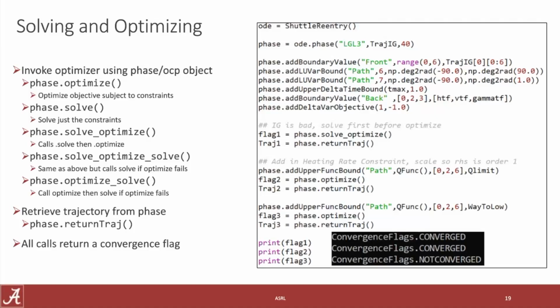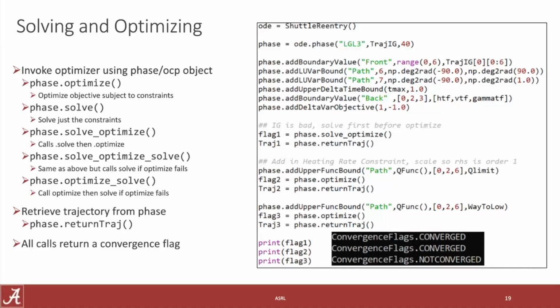A lot of times, if you're starting at periapsis of some highly eccentric orbit, you can say, I want to pack more states here in my initial guess, and then I need less out towards the end, and that helps the initial optimization figure the problem out, and then the mesh refiner can figure out the rest. That is also covered in the tutorial. We're just cutting that out for time here.